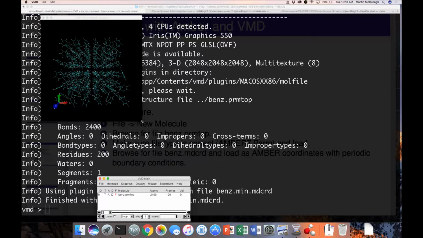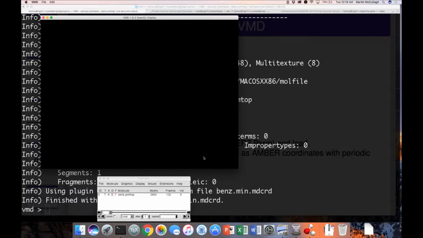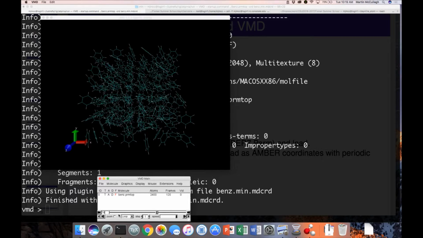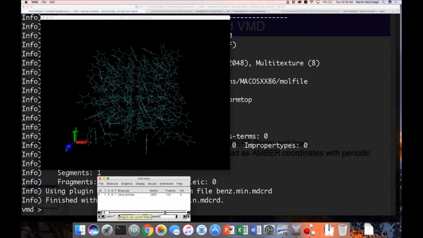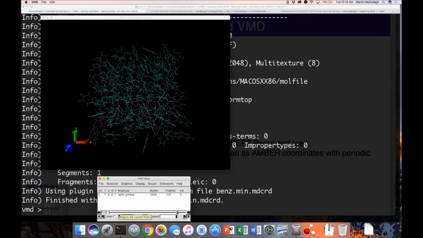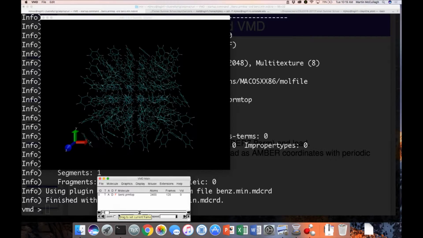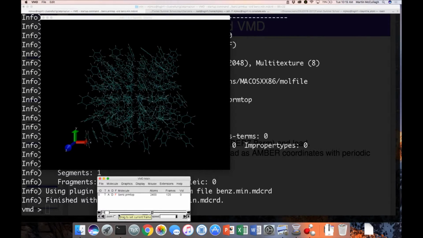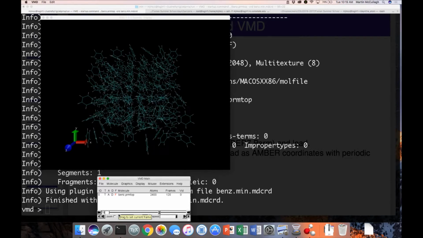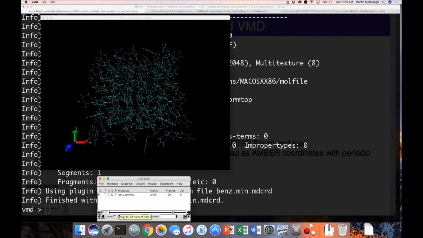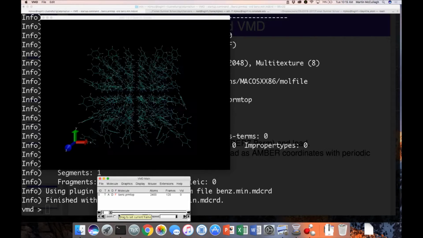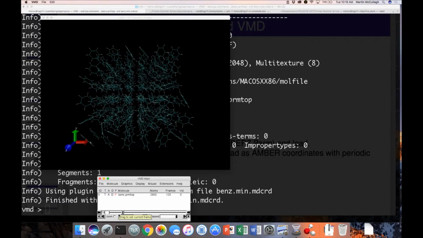So what I did here is I was given a bunch of benzenes, and Rex actually gave me this initial configuration. He created it, and I think he told me he put it on some sort of lattice, and I don't remember what it was.